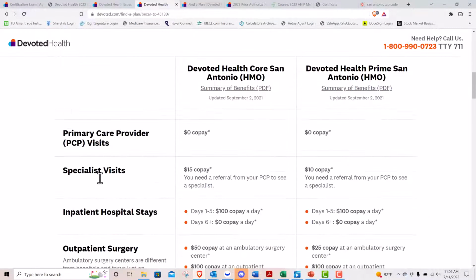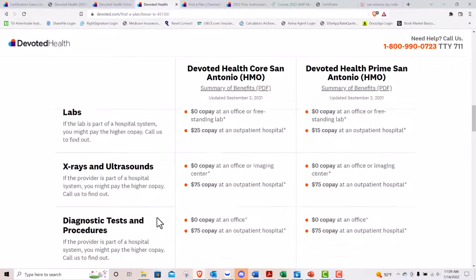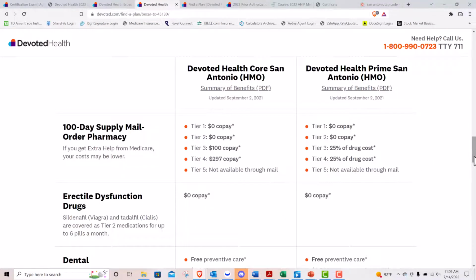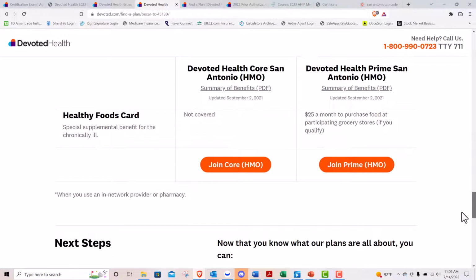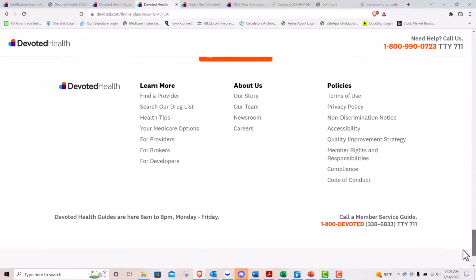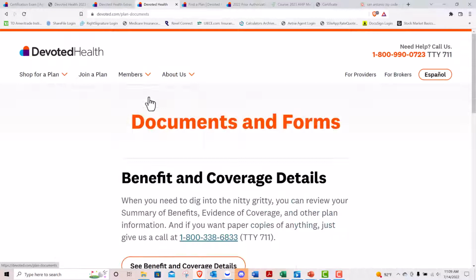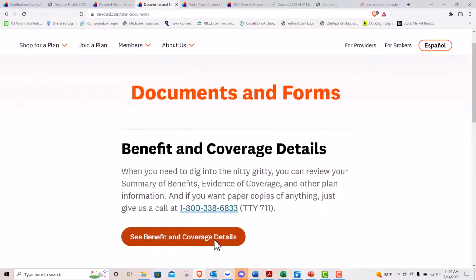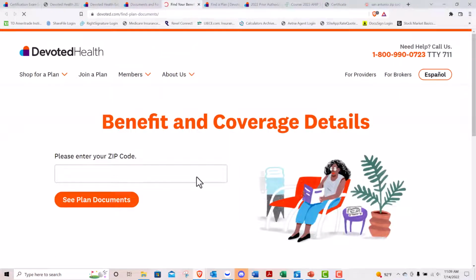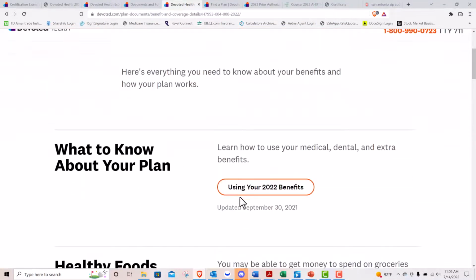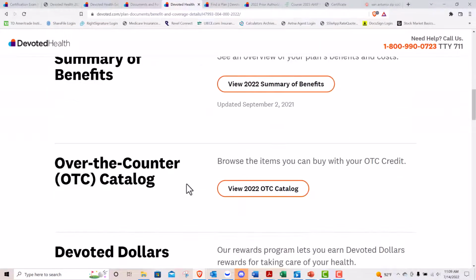Alright, so summary of benefits are there. Let's see if we can find maybe those documents. 78201. Ah yes, here it was.